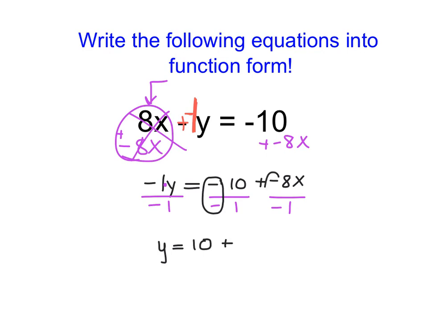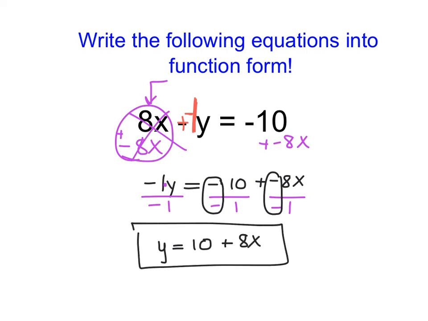And then negative 8 divided by negative 1, again, it's a negative divided by a negative, so that's a positive 8x. So notice the trick in that one. If you see that negative in front of a y, make sure that you turn that into a negative 1 coefficient so that you remember to divide by negative 1 at the very, very end.